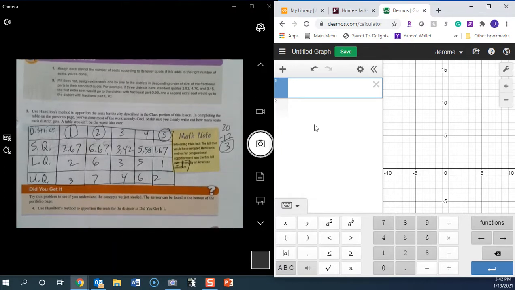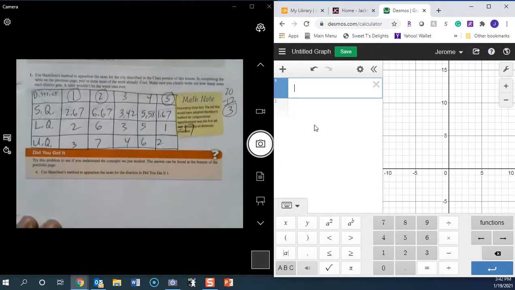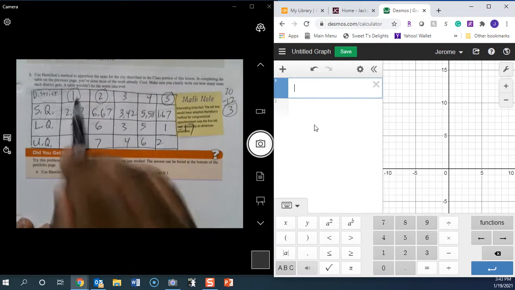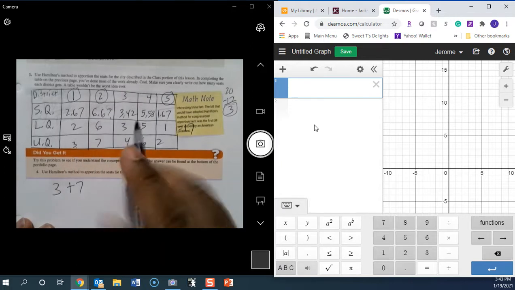Now, let me tell you what happens to these 3. Once you isolate the 3 that you need, when you add these up, instead of using a lower quota, the ones that had the highest values behind the decimal, you will use their upper quotas. So, for District 1, you will use the upper quota. District 2, you will use the upper quota.